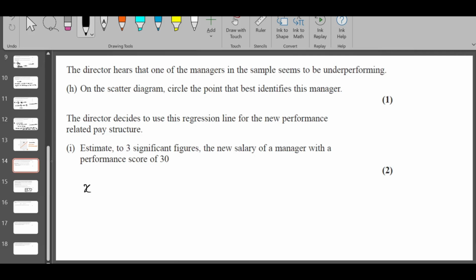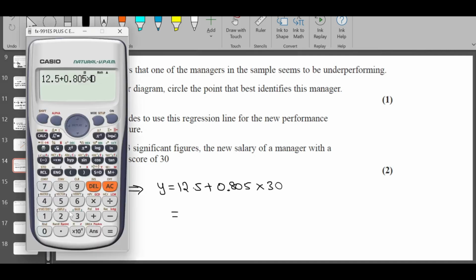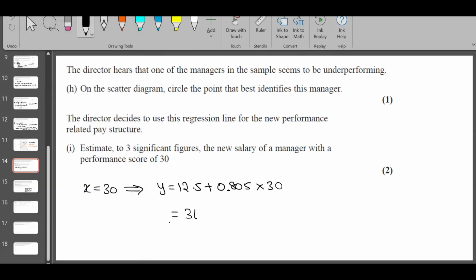So when x is equal to 30, you just need to find y. 12.5 plus 0.805 times 30. That gives 36.65.